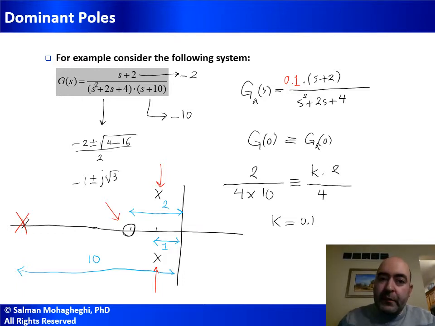What is the benefit? If I show you this original transfer function and I ask you what is the overshoot, what is settling time, what is rise time, without having access to MATLAB, you're not going to be able to answer me. However, once I show you the approximate function and I say find these parameters for me, you can very quickly find out what each of those are. So this is what we do to approximate a high order system with a lower order equivalent.